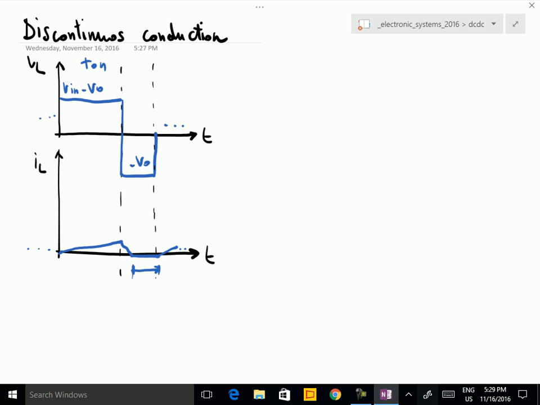If we want to make a complete calculation, we have to consider that the whole switching period has to be divided in 3 different phases. We have T on, and then T off, which is in turn divided in 2 different intervals that we can call delta 1 and delta 2. During delta 1 the current goes down, but during delta 2 the current is 0.